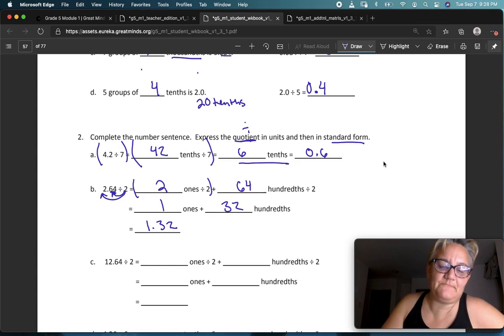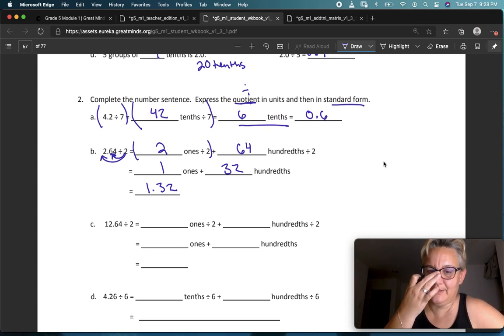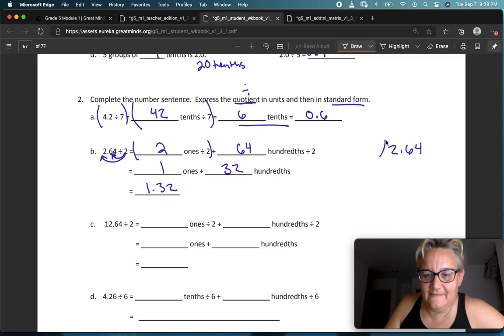Now I'm just going to take a minute here. If we were using the standard algorithm, I would say 264 divided by 2. I would divide the 2 into the ones, and what they did is divide the 2 into the hundredths space, but we could divide it into the tenths and hundredths and get the answer right away.